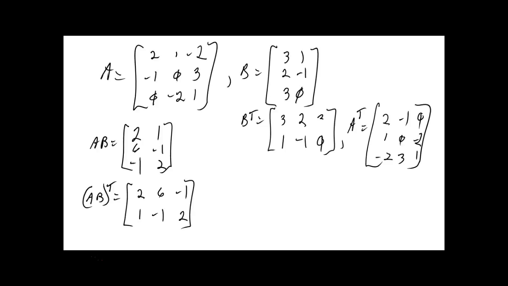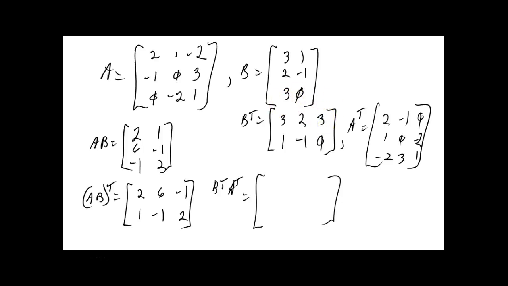Okay, so now we want to do B transpose times A transpose. B2 times A2. We should get 2 by 3 out of this, right? Yes.